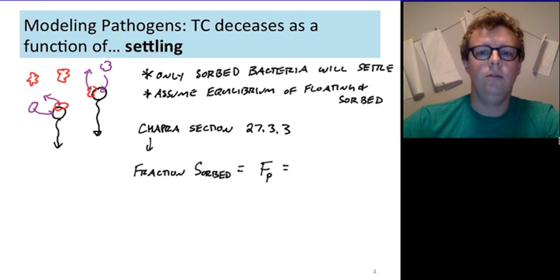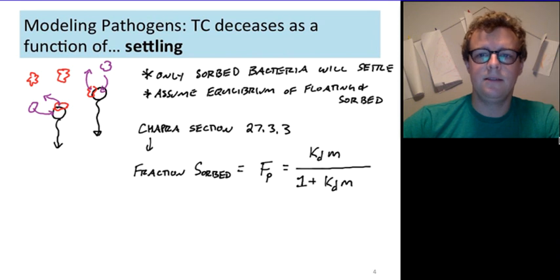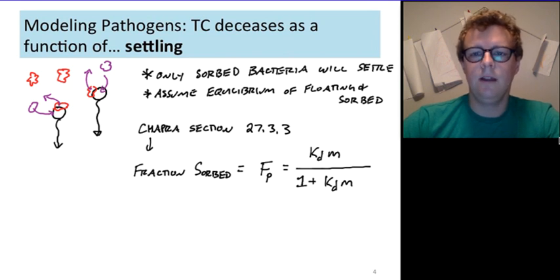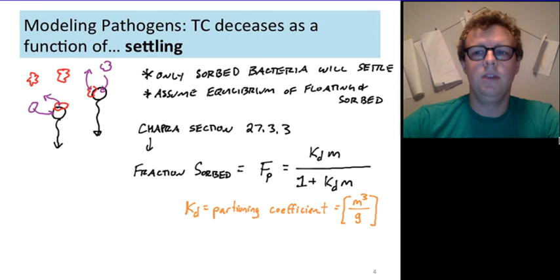Basically, what we can do is estimate the fraction that are sorbed using an equation that looks like this. And so you've got KD, those are capital Ks with a subscript D, and M. You remember Chopra uses M for sediment concentration. And so this KD is sort of the only new piece here. This is a partitioning coefficient.